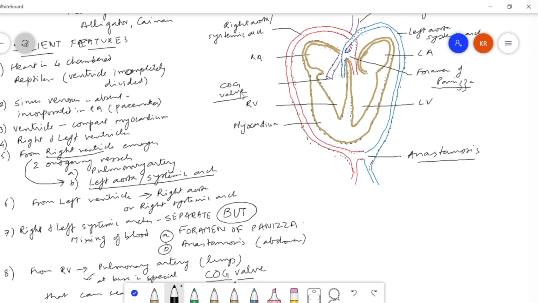This is the third important feature. First important feature is the foramen of Panizza. Second important feature, anastomosis. Third important feature, cog valve. So where is the cog valve? Cog valve is just like a valve at the base of this pulmonary artery which seals it up. What is the meaning of cog? A cog looks something like this.